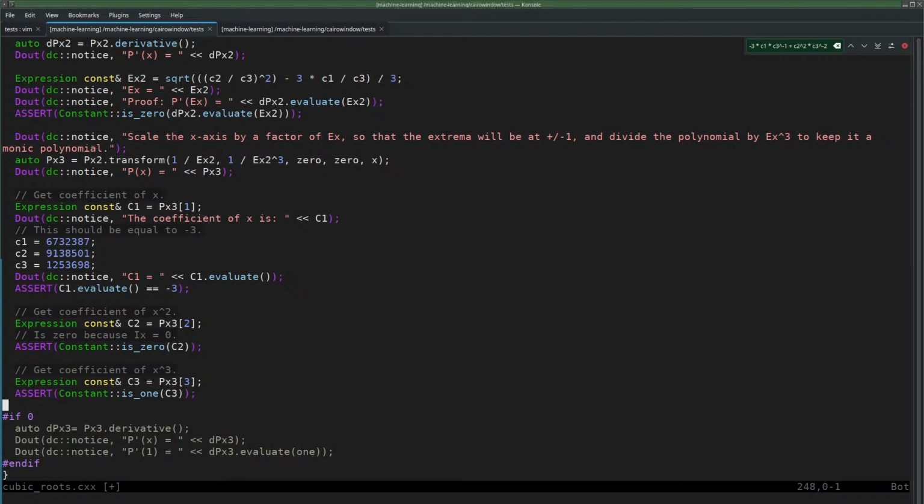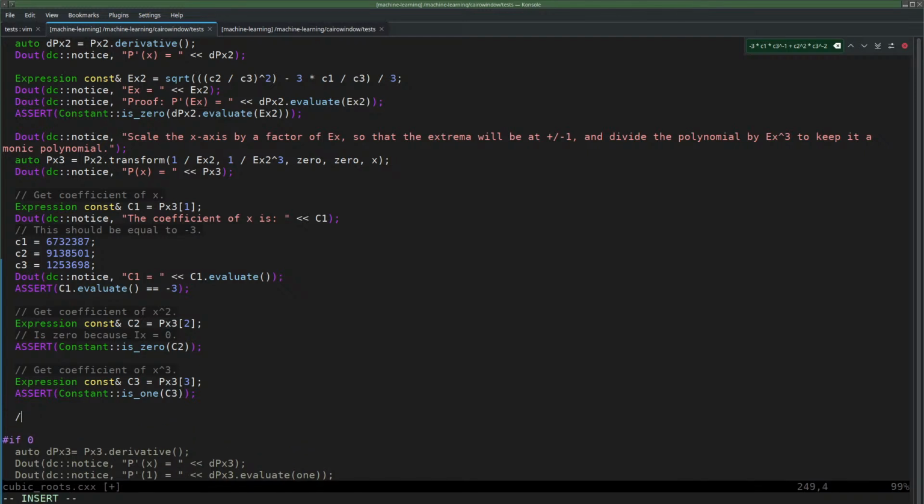And okay, get constant. So now we have the C0 thing of this polynomial. And we can print that out.